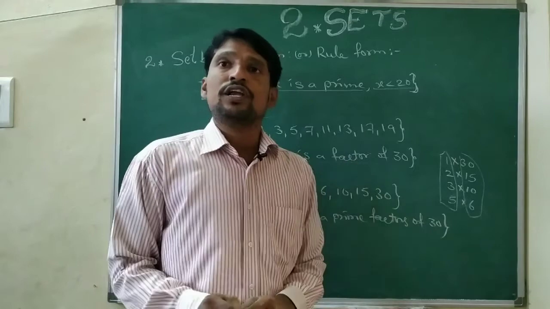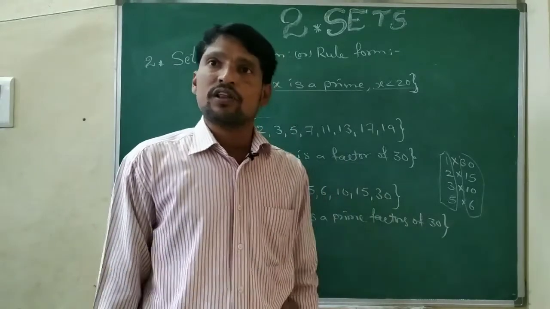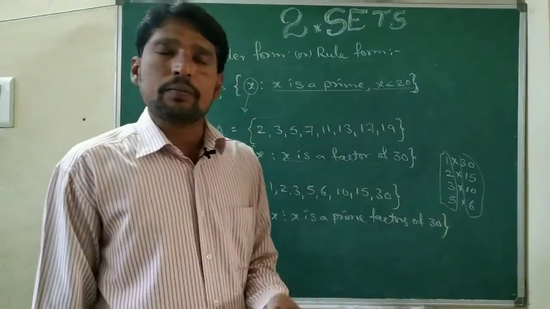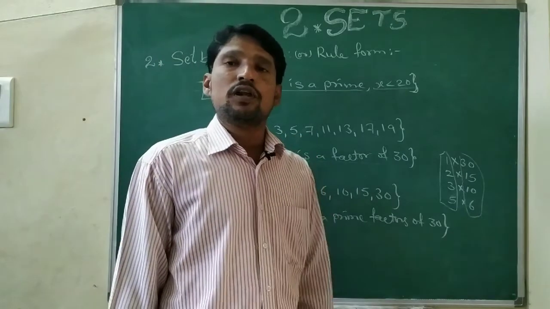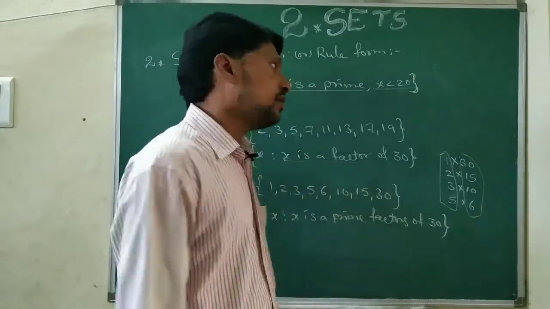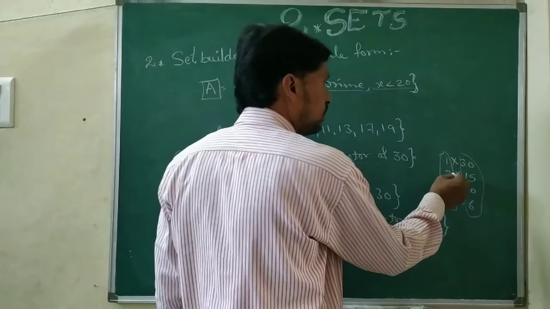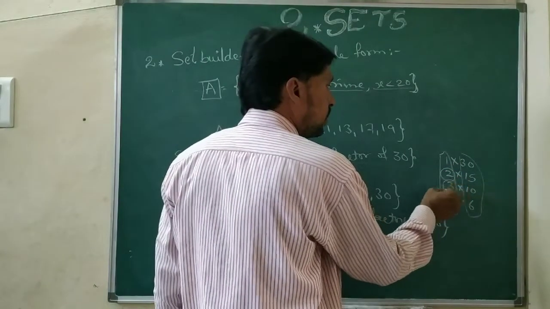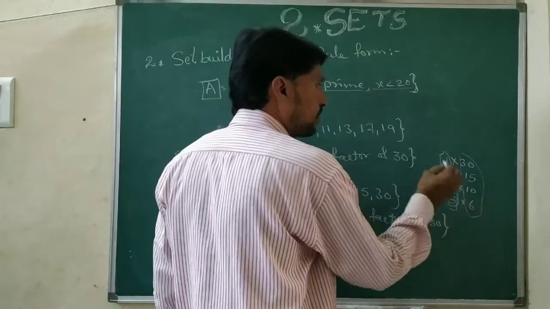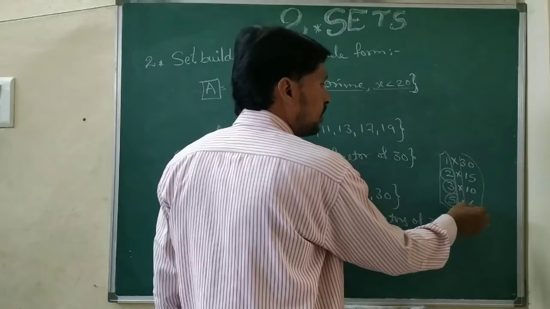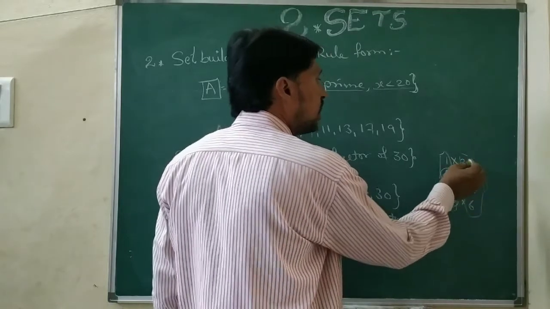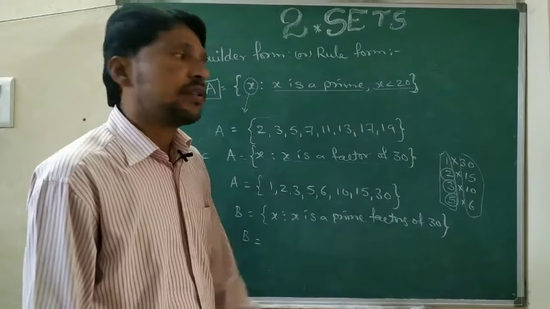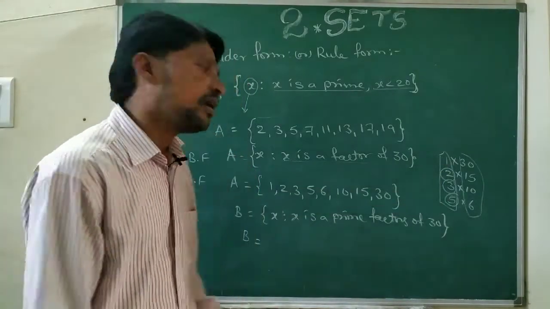In this we need to find the prime numbers. What is a prime number? One whose only factors are 1 and itself. So among the factors of 30, 2 is a prime number, 3 is a prime number and 5 is a prime number. The remaining 6, 10, 15, 30 are composite numbers. Here 1 is neither prime nor composite.